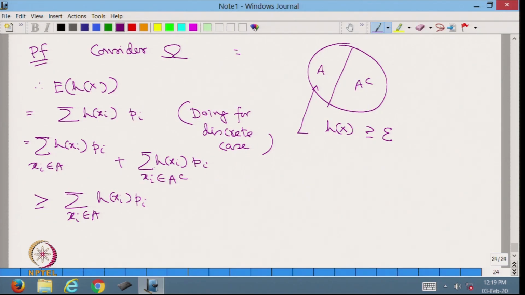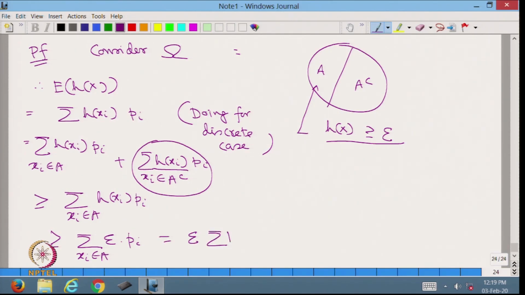This is because h is a non-negative function and I am deleting that part, which is positive. This is greater than or equal to sigma over xi belonging to A of epsilon times pi, because on A, h(x) is greater than or equal to epsilon, which is equal to epsilon times sigma over xi belonging to A of pi, which is equal to epsilon times probability of h(x) greater than or equal to epsilon.